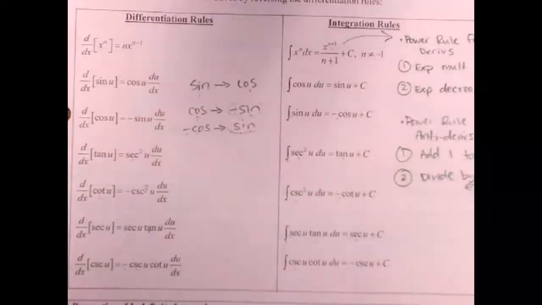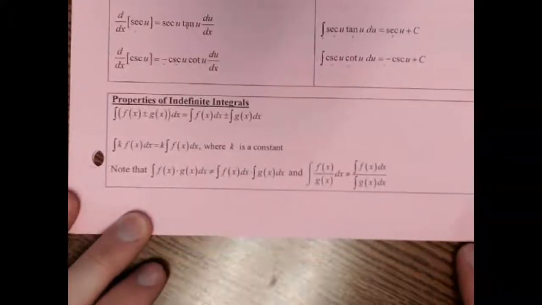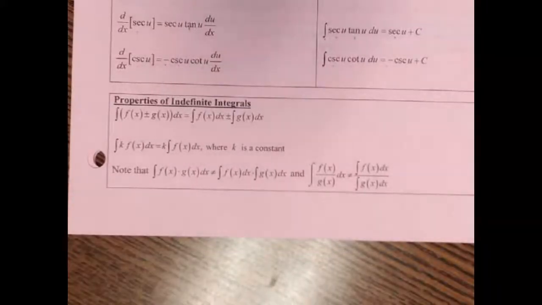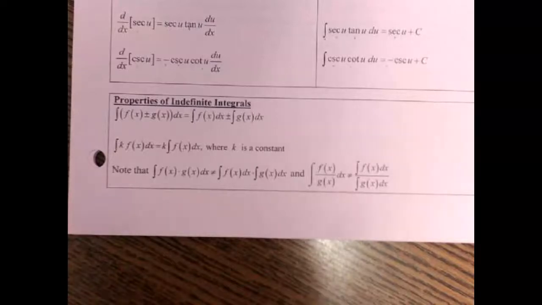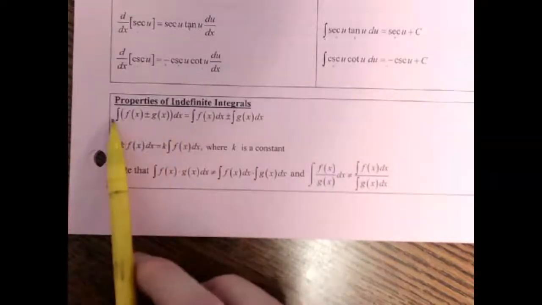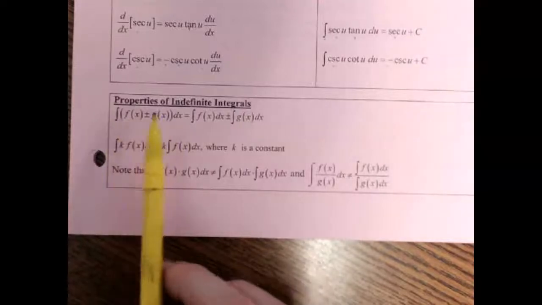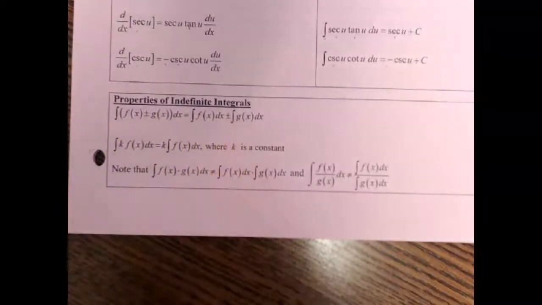Okay, now important notes. Properties of indefinite integrals. If I have addition or subtraction, just like with derivatives, it's going to behave really nicely. I can integrate the first piece, integrate the second piece, and then add or subtract those pieces. Basically, you're distributing the integration.